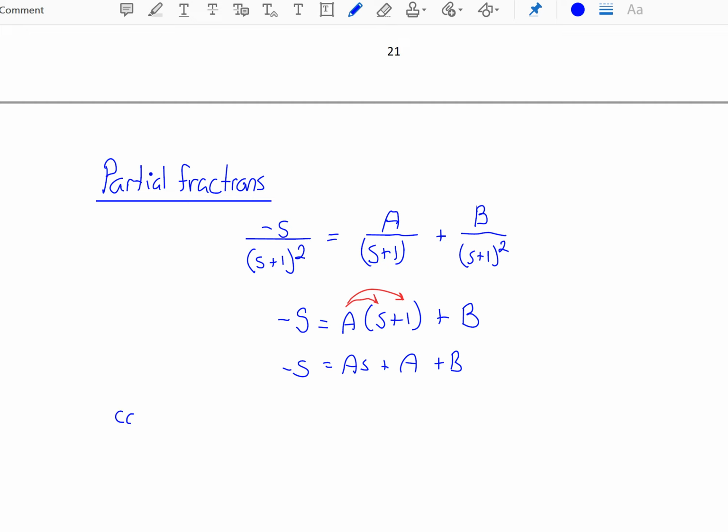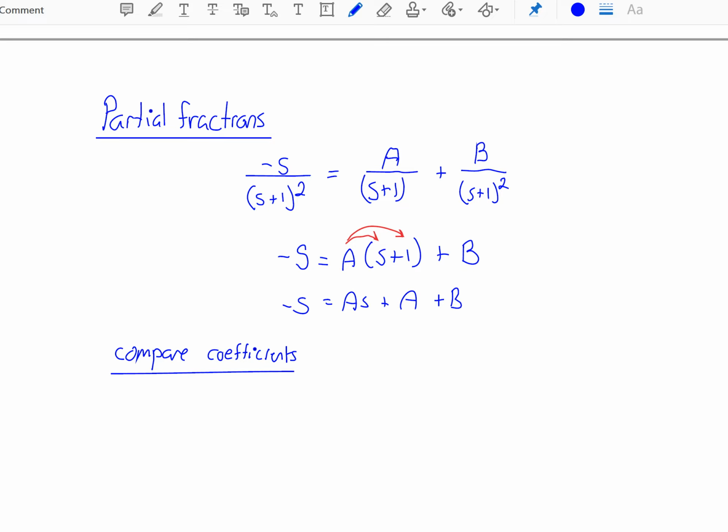And if we now compare coefficients, then the coefficient of s on the right-hand side has to match the coefficient of s on the left, which means a has to equal negative 1, and a plus b, your constant term on the right, has to match the constant term on the left, but there is no constant term on the left, so it has to be 0.